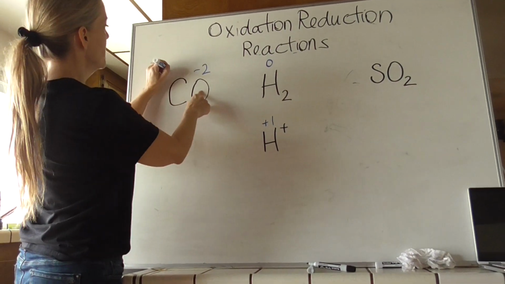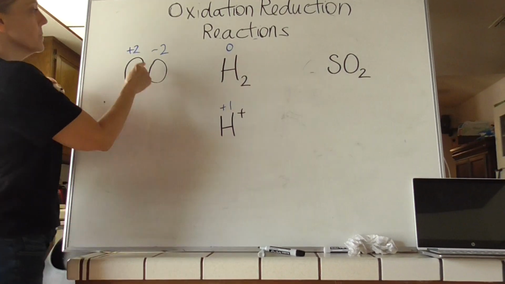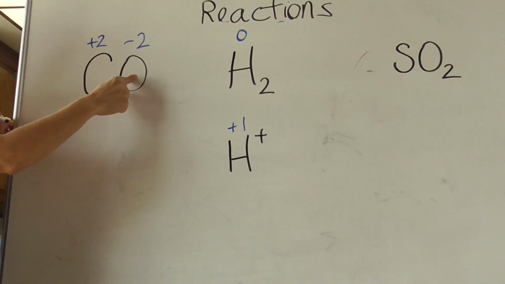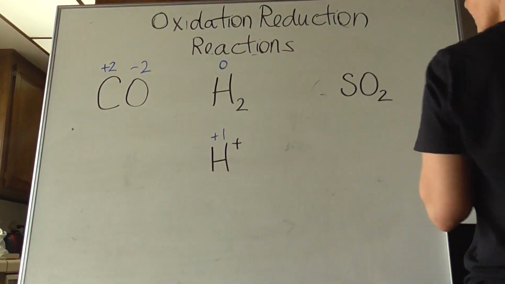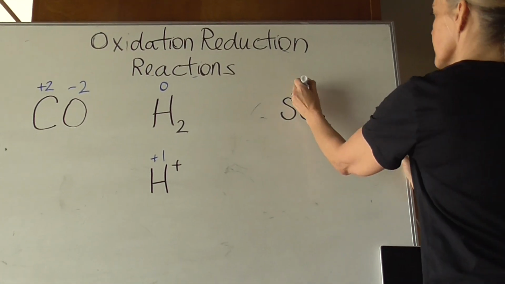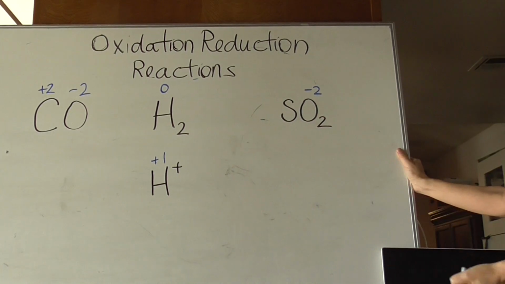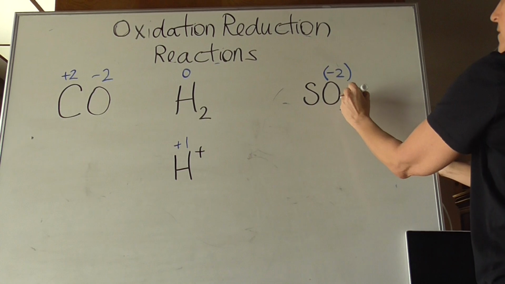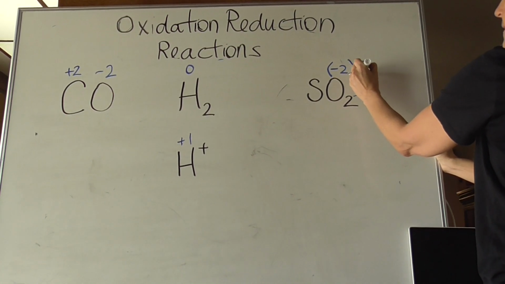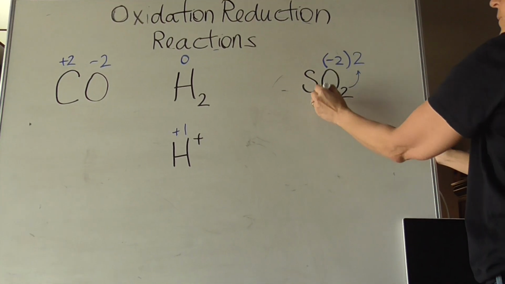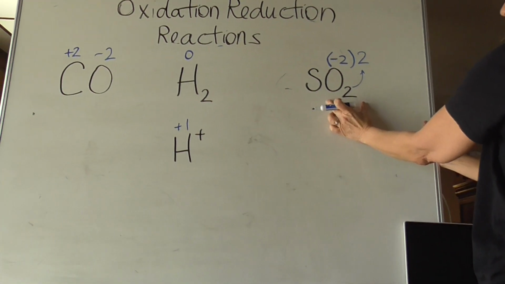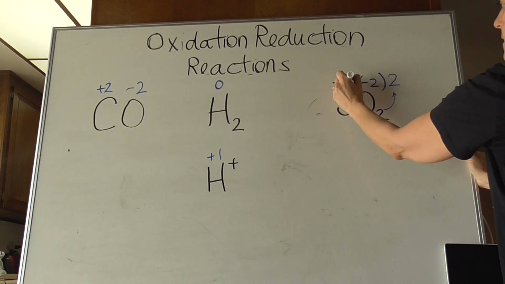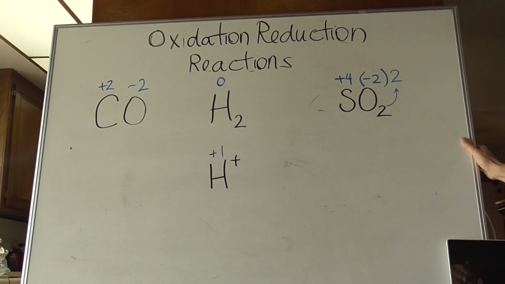So the carbon has to be +2 to balance out that -2 on the oxygen. So over here on the sulfur, same thing. You have -2 for the oxygen, but you have 2 of them. So this whole negative part is -4. So then the sulfur has to balance that out with a +4.